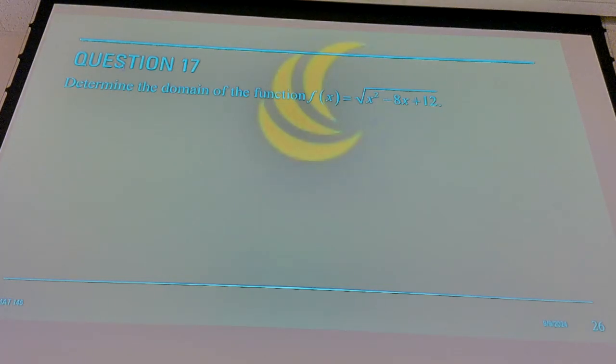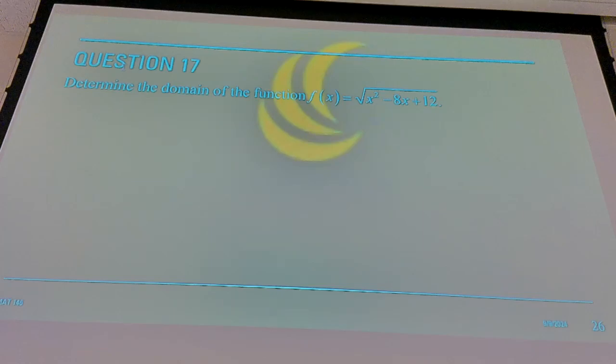What about here? What's the restriction? Is it the index and the negative on the left? What's the index? Which is even. So what do we have to have? The inside can't equal 0? What's the inside?